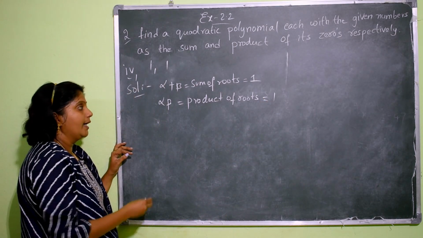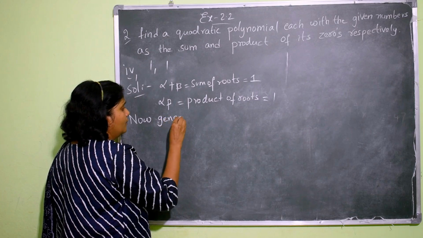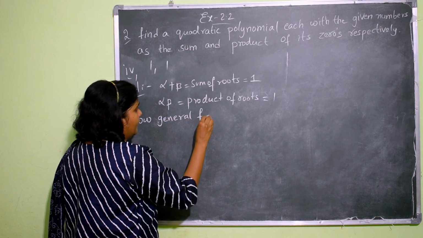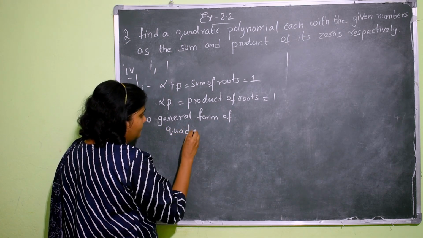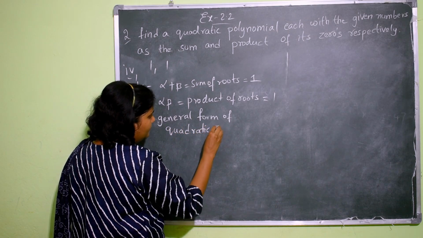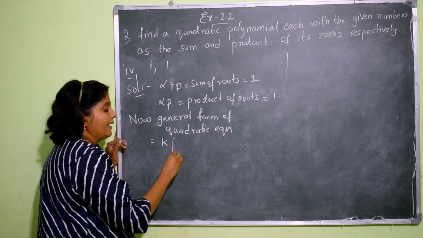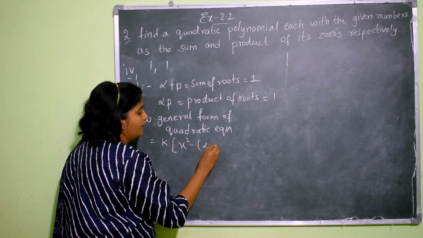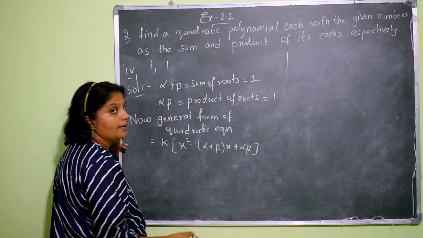So now we need to write the general form of the quadratic equation, which is k into x square minus alpha plus beta into x plus alpha beta.